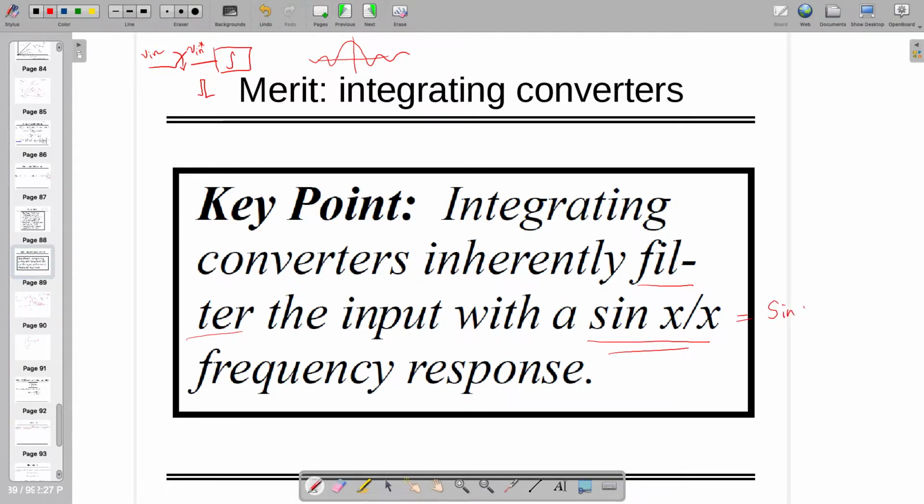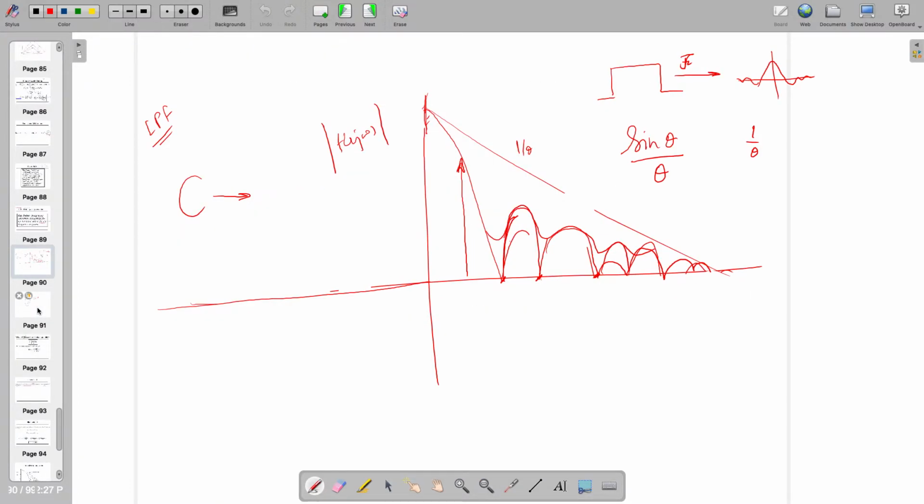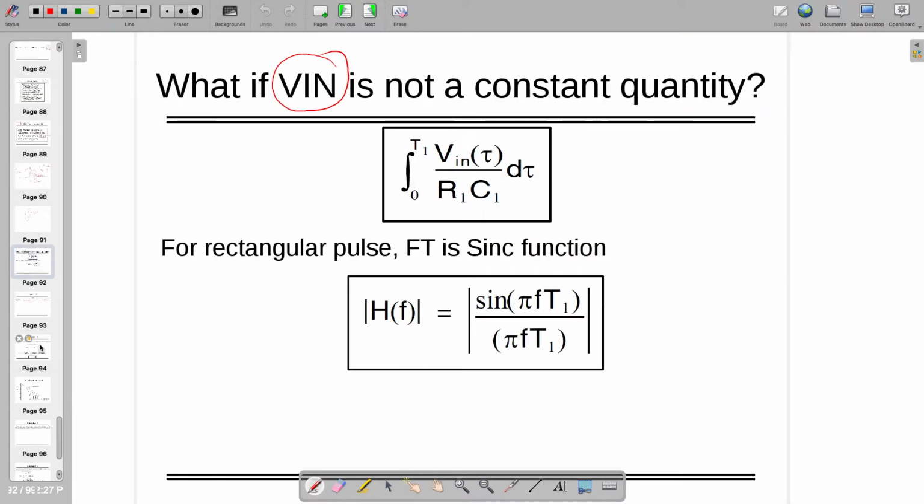This is an advantageous thing. Even though we draw it this way, in simulation you will see only the positive side, because it's the mod of H of j omega. By the way, this is valid when V is not just a constant quantity, it's moving on.